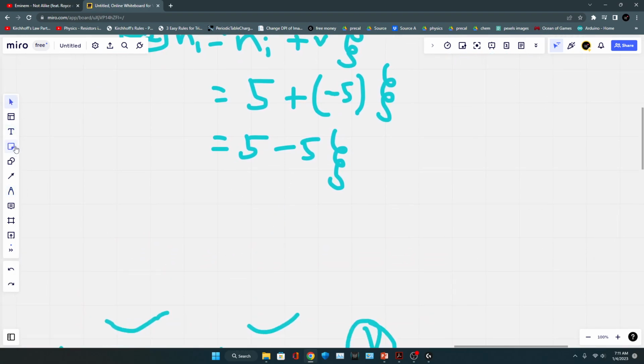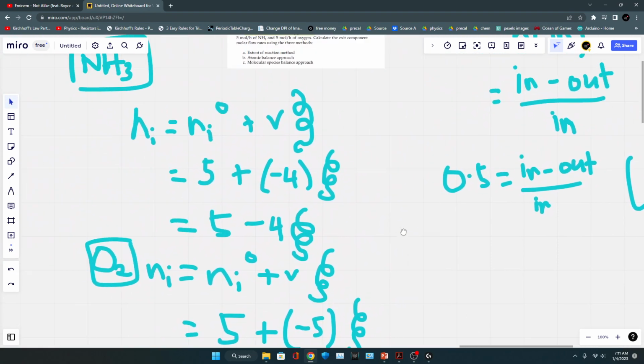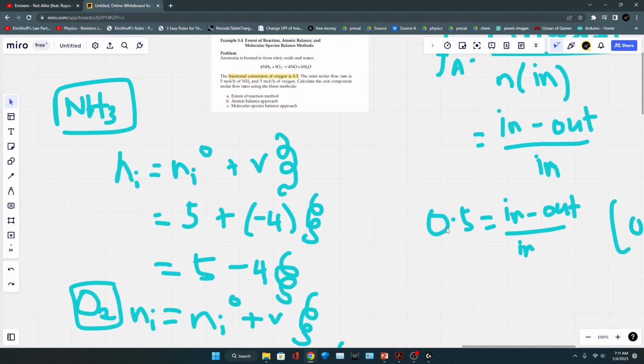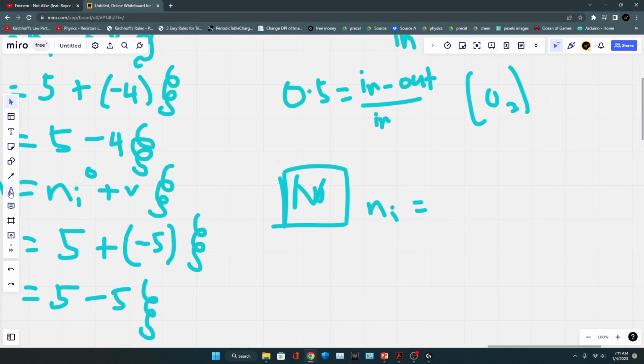Now we will be looking at the third equation, which is NO. For NO, N_i, the final molar flow rate of the stream, is equivalent to the initial molar flow rate plus nu times the extent of reaction xi.